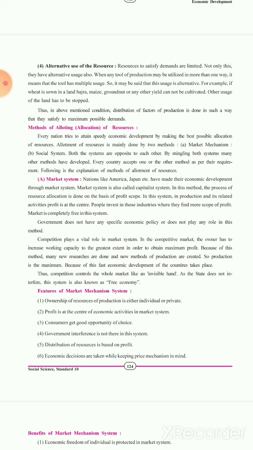For example, if wheat is sown in a land, bajra, maize and groundnut or other production cannot be cultivated. Other usage of the land has to be stopped. So in the above mentioned condition, distribution of factors is done in such a way that they satisfy the maximum possible demands.